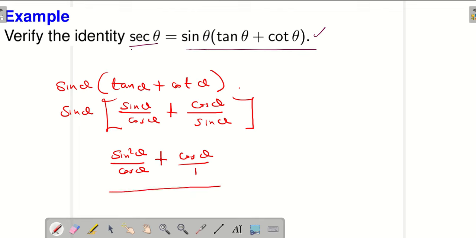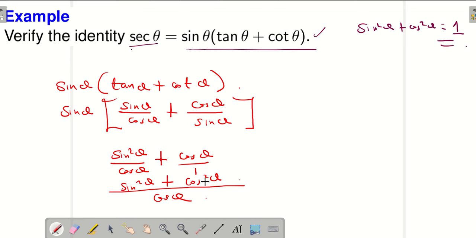Now I can find my LCM to be cos theta. When you factorize cos theta, you will still get sine squared theta plus, when you factorize 1 out, you get cos theta times cos theta, which gives you cos squared theta. Now we know that sine squared theta plus cos squared theta by the identity is 1.